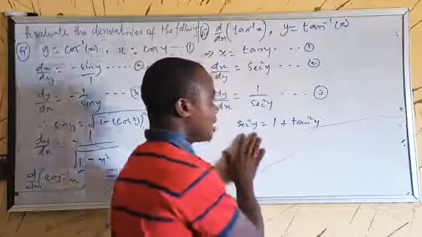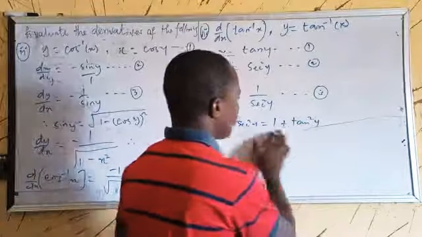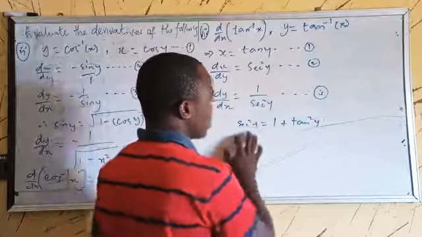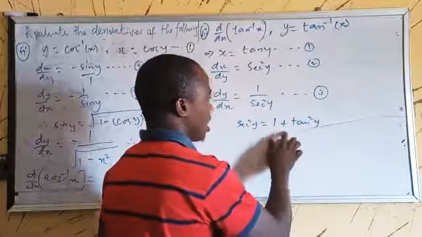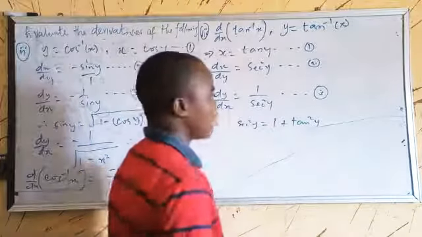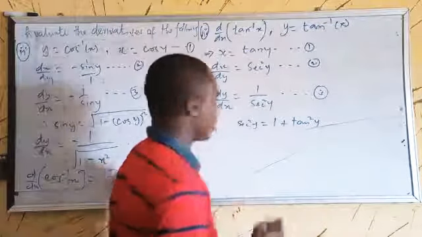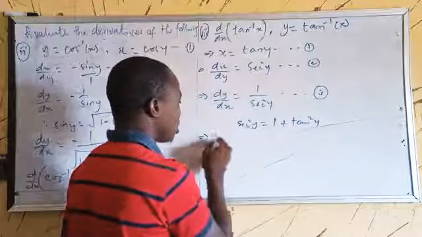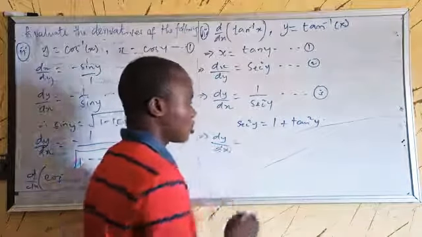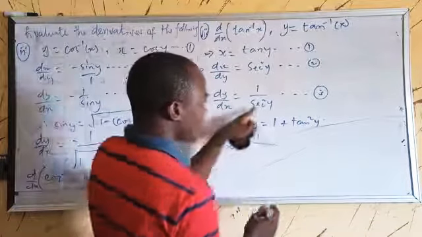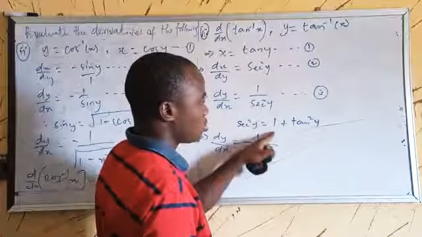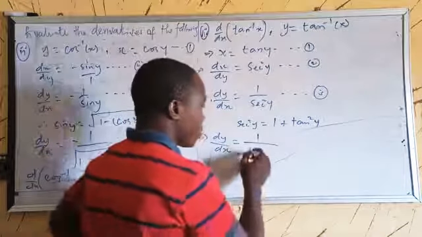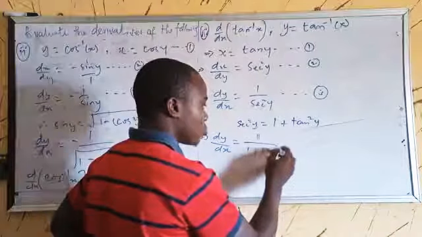Since we have from the identity that sec squared y equals this, we employ this in equation 3. So we have dy over dx equals 1 over, sec squared y being 1 plus tan squared y. So we have 1 plus tan squared y.